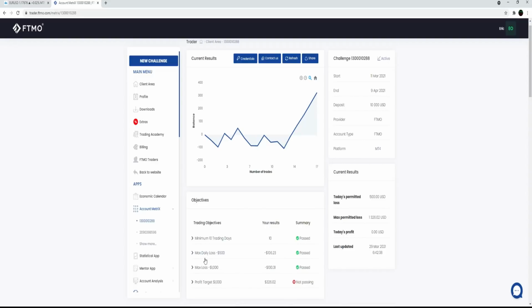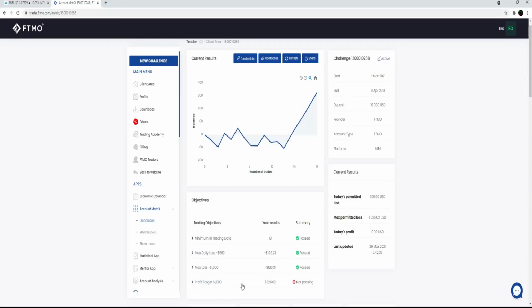And the issue I have with the trading objectives comes down to the ratio of the profit target to how much they're allowing for drawdown and risk. So if they had it where the profit target was 5% and then these max daily loss and max loss figures stayed the exact same, I would have no issue. But the problem is they have strict risk management parameters and at the same time a high profit target.